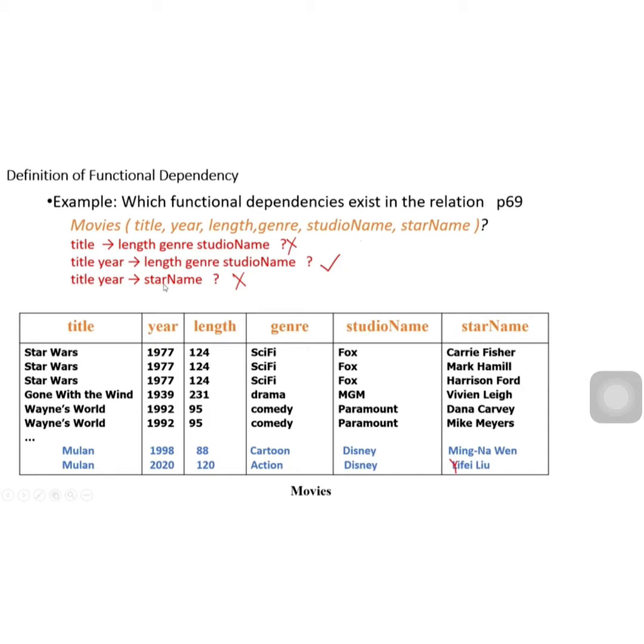Now let's check it based on the semantics, or the meaning, of these attributes. If any two tuples have the same value on title, year, then these tuples are about the same movie. But in a movie, there may be more than one star acting.